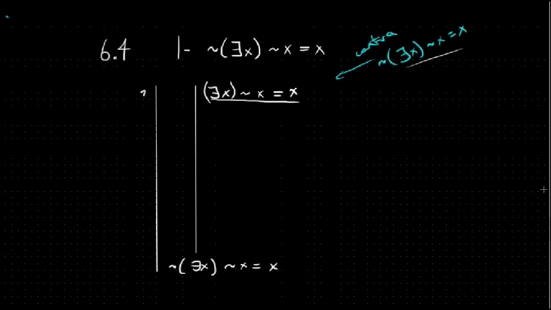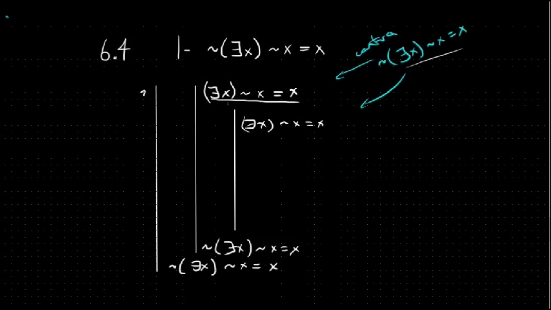Well, if I've got to introduce that, let's write it at the bottom: not ex, not x equals x. One way might be to do a negation introduction. I'll assume ex, not x equals x, and show that that leads to a contradiction. What would contradict it? This statement would contradict it. Okay, you get the point, right?